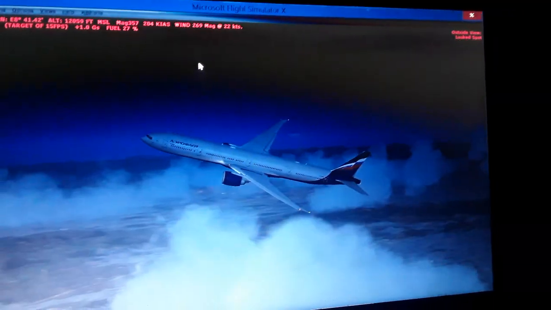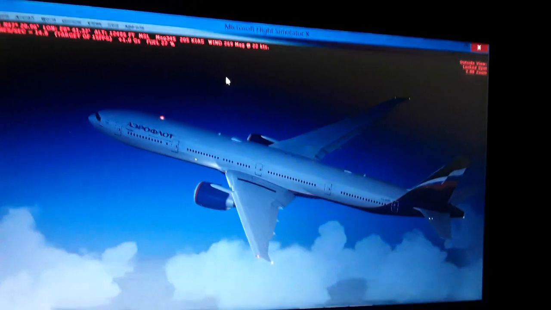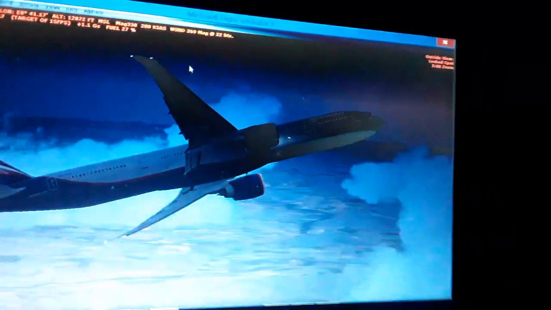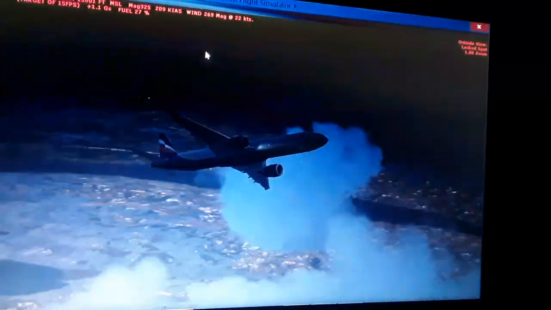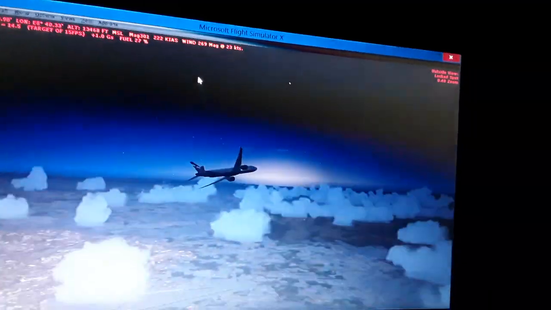this beautiful view of the Boeing 777. We fly with about 600 kilometers per hour or 250 meters per second, about 600 kilometers an hour. So we climb here, as you can see. Over Switzerland, we have also the beautiful view of the galaxy.